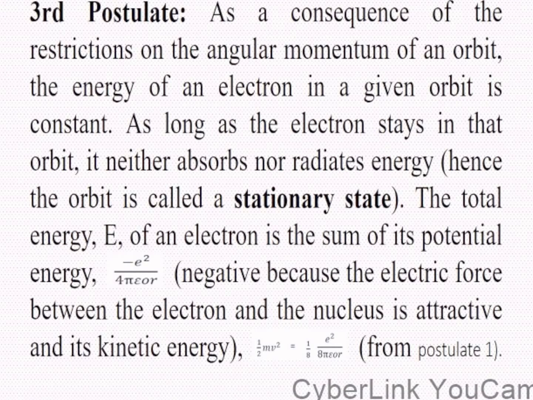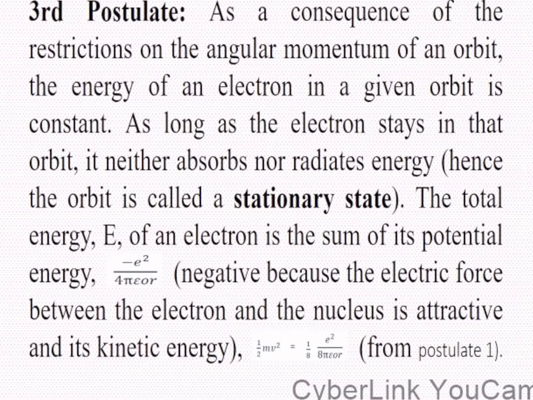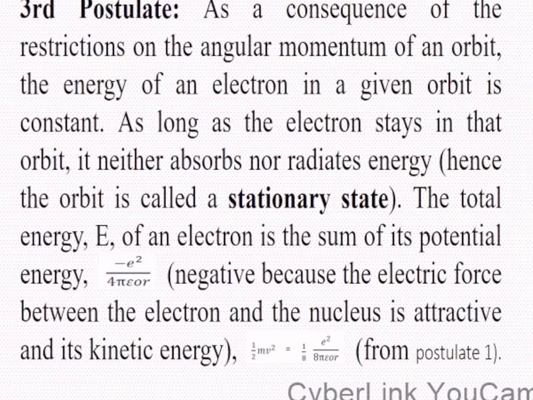The sign is negative because the electrical force between the electron and the nucleus is attractive, and its kinetic energy, 1 over 2 mv squared, is equal to e squared over 8 pi epsilon r.